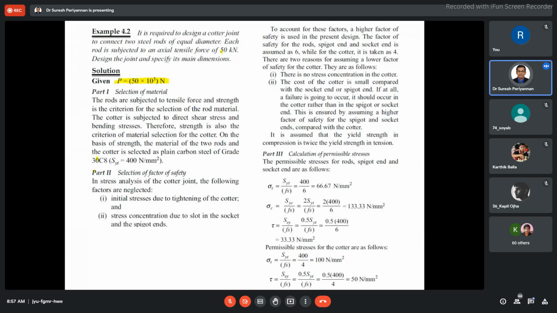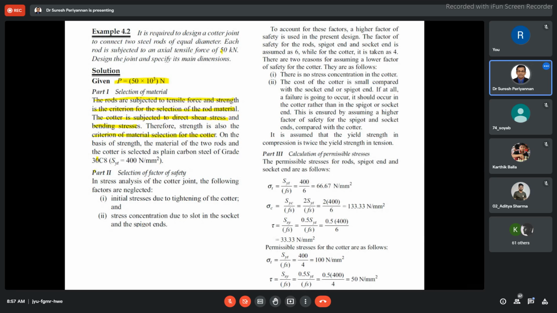The rods are subjected to tensile stress, and the strength criterion is considered for the rod material. The cotter is subjected to direct shear and bending stress, and based on that we have to define the cotter. Strength is also the criterion of material selection for the cotter.